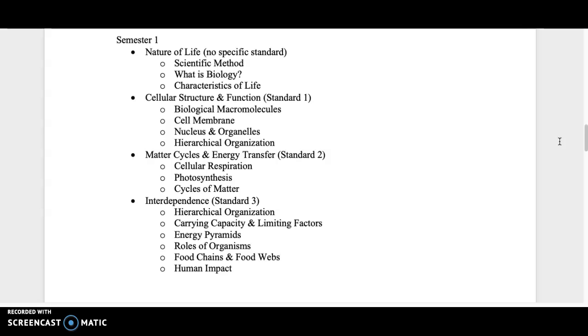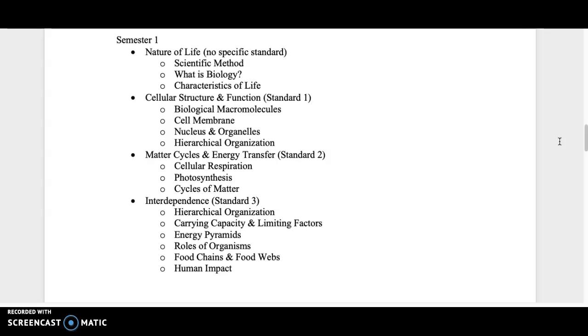In other words, and something you probably mentioned before, starting with the cell, how the cells come together to make tissues, organs, all the way up through to the organism. Okay, so you can expect 2 tests over standard 1. The first one will be the macromolecules. The second part will be the cell structure and hierarchical organization.